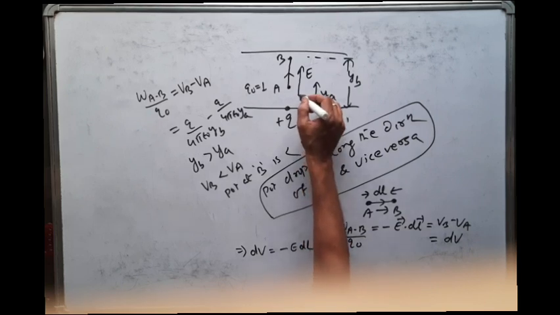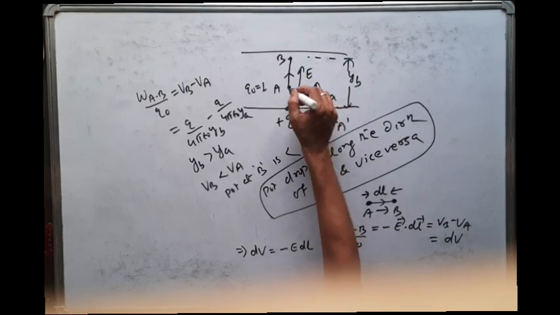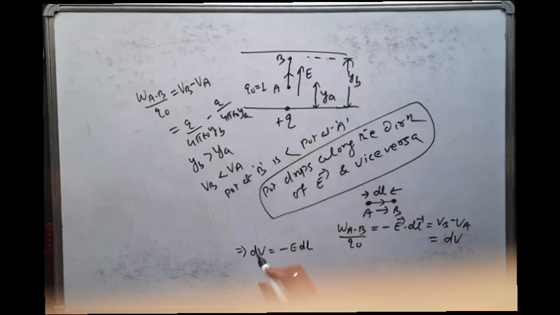So the change in potential is minus E dl, or you can say E is equal to minus dV by dl. You can define the electric field like this.